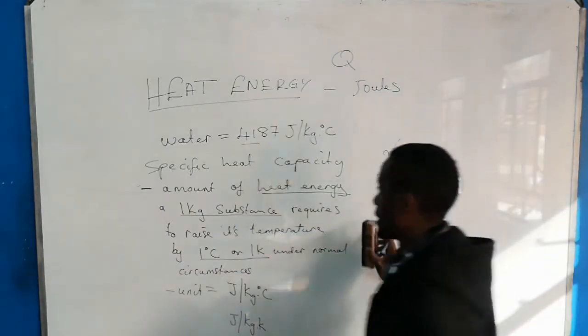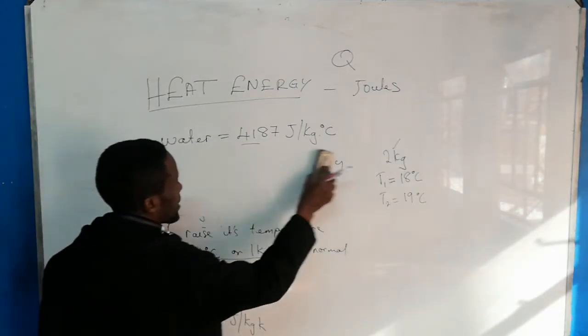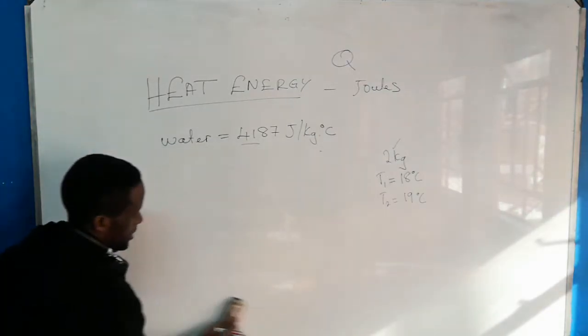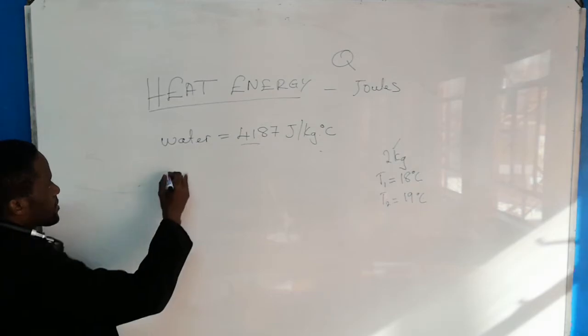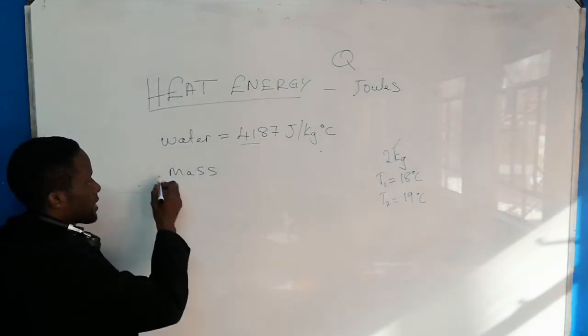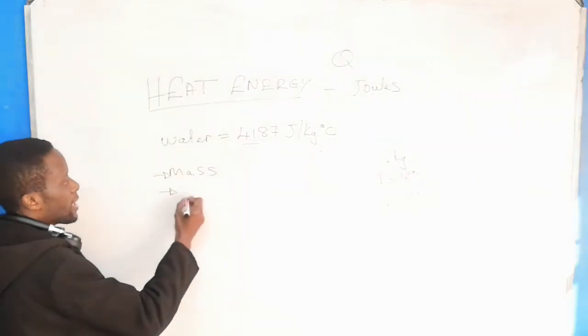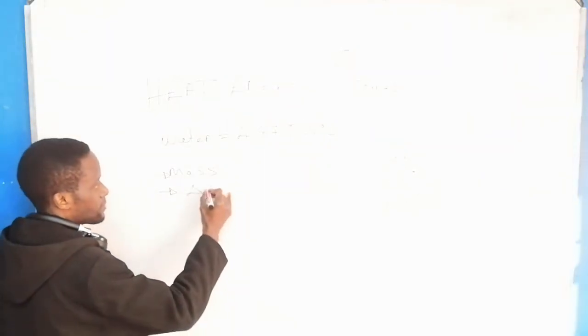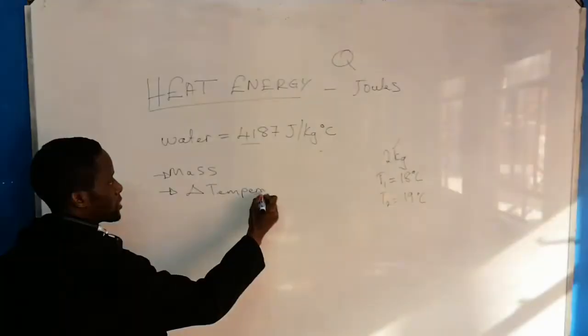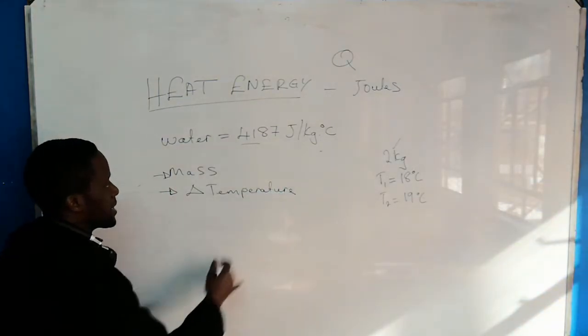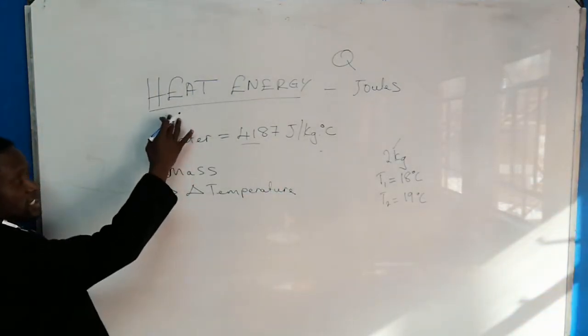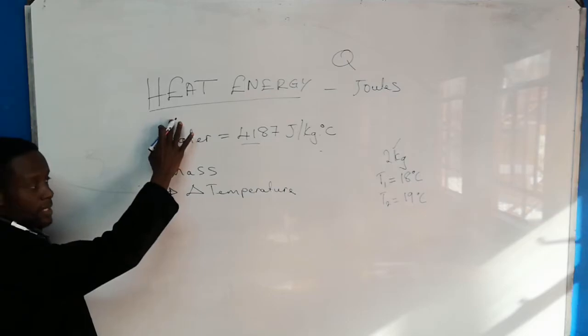Okay? Then we'll end up saying that mass affects how much energy is needed, and also your change in temperature, how much change is taking place, affects how much heat energy is required.